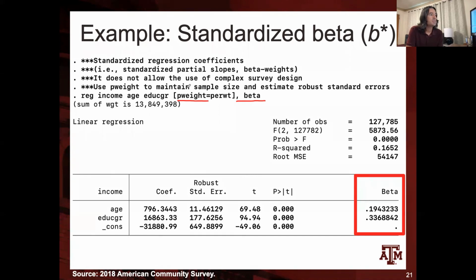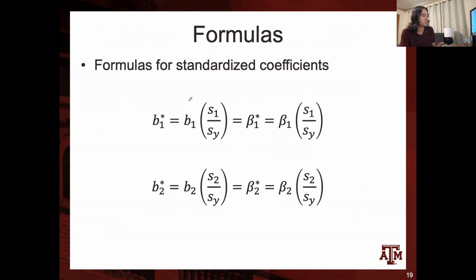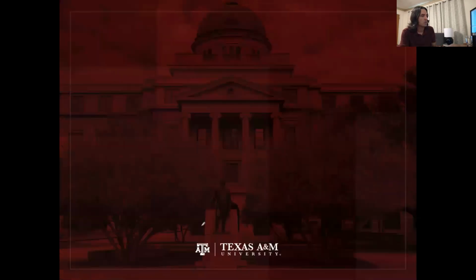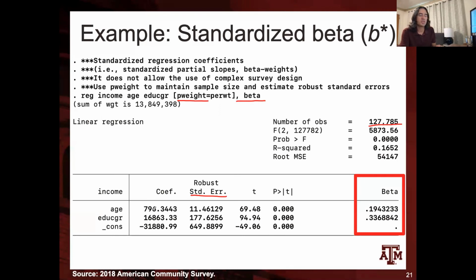We use P weight to maintain the sample size. So the sample size is the same, 127. And we are estimating robust standard errors. But if we go back to how the regression was before, this one is the regression that we used with the complex survey design, 796. It's the same thing here, 796.